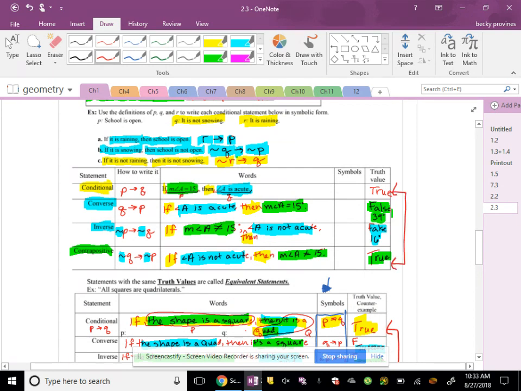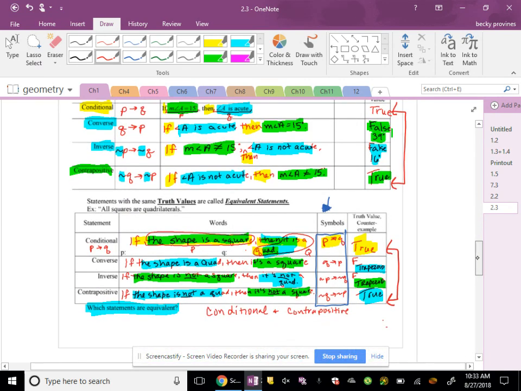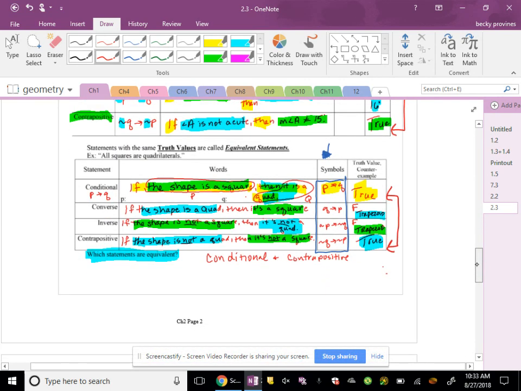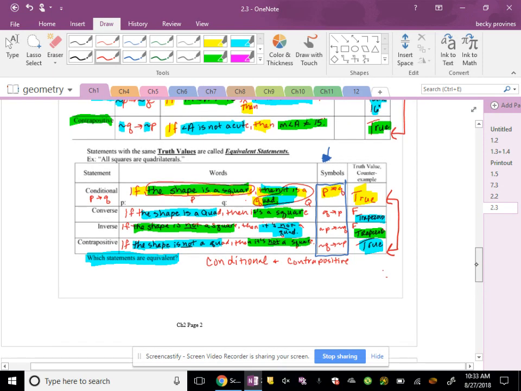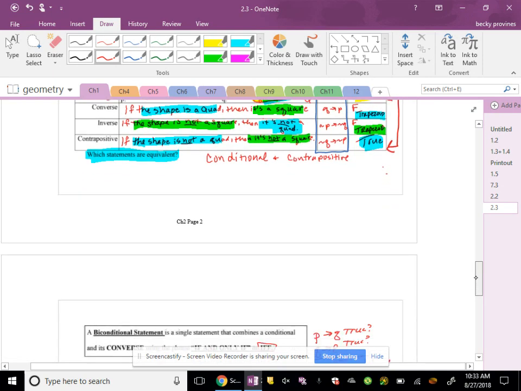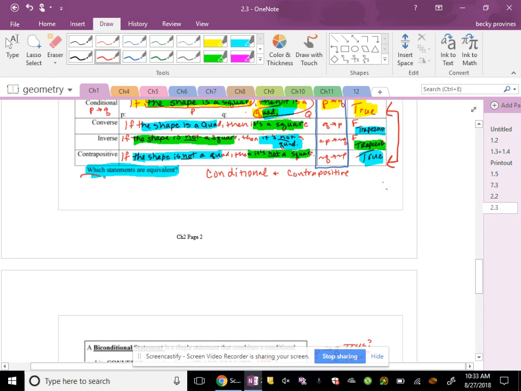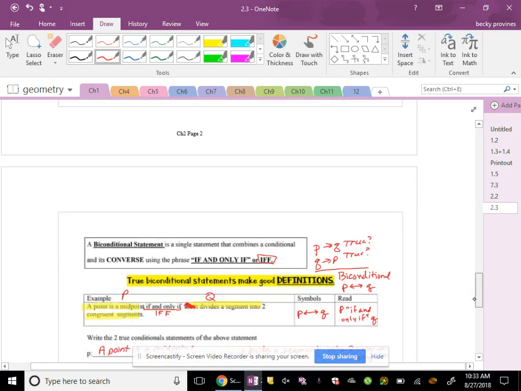Typically, they're either all true or they're in the pattern of true, false, false, true. And that's the pattern most of the ones in your homework will follow. So all true or true, false, false, true. So again, which ones are equivalent? That is your conditional statement and your contrapositive. So make sure you write that down.